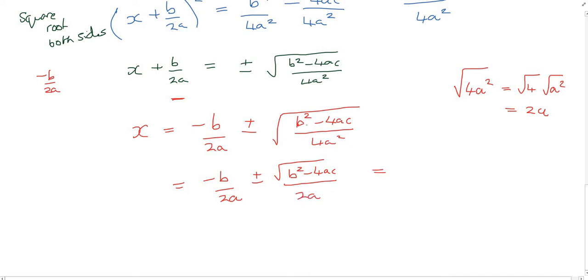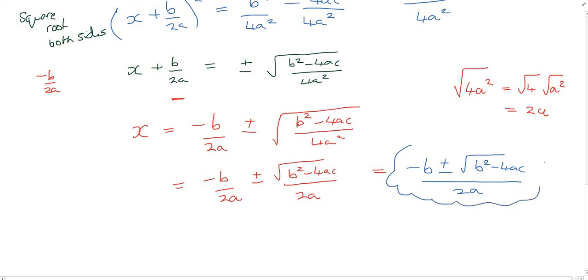And finally, our last step is just to put these into one fraction. So it's minus b plus or minus the square root of b² minus 4ac, divided by 2a. And that is us done. That is the quadratic formula.